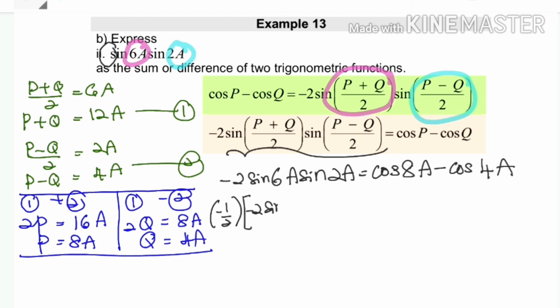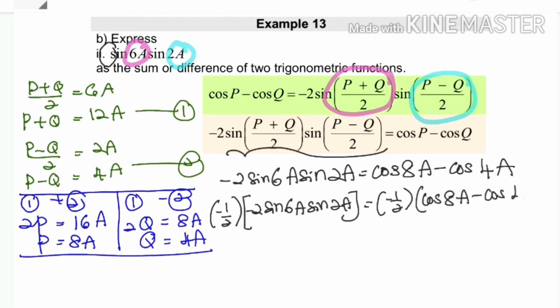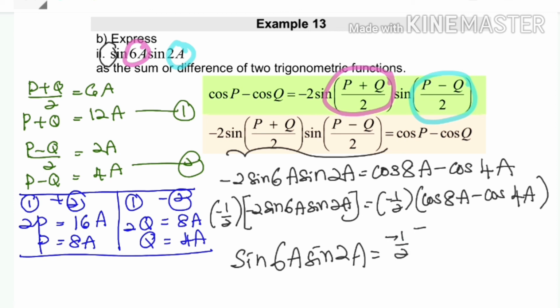Negative 2 divided by negative 2 is 1. Therefore, sin 6a sin 2a equals negative 1 over 2 times (cos 8a minus cos 4a).